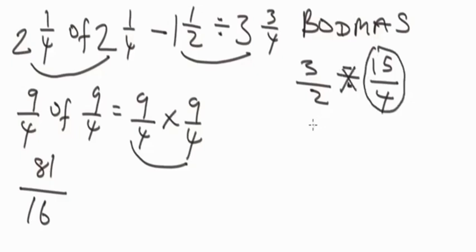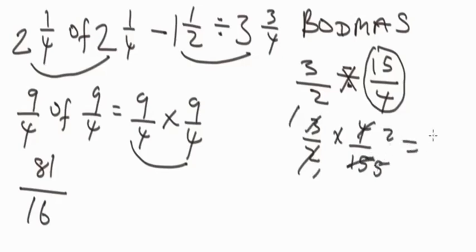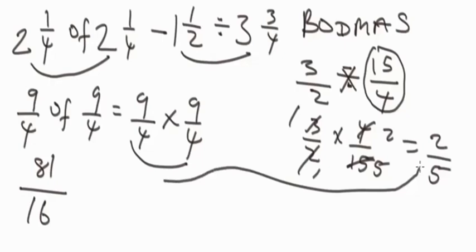So you're going to have 3 over 2 times 4 over 15. So this will cancel itself, cancel 4, we have 2, 3 cancel itself, 3 cancel, we have 5. So we are left with 2 over 5. You have to bring this guy to this side. So when you do it, you will now have minus 2 over 5.